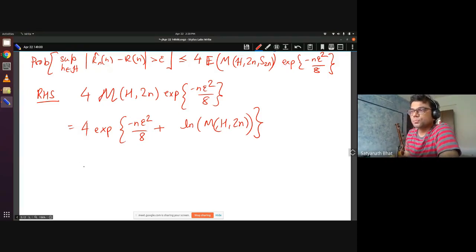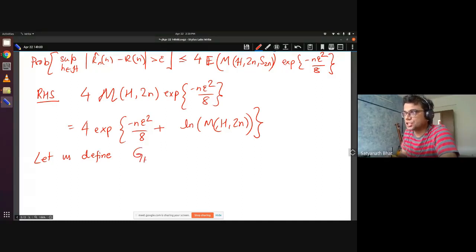So let us define this term as a growth function: growth function of m is equal to ln M_H of m, where m is the number of samples. If m is equal to 2n, then we get the same thing.